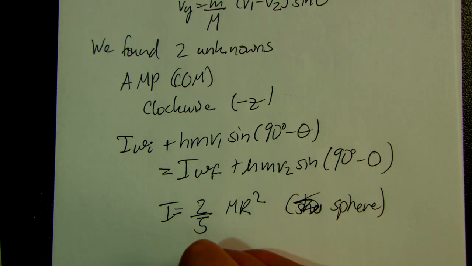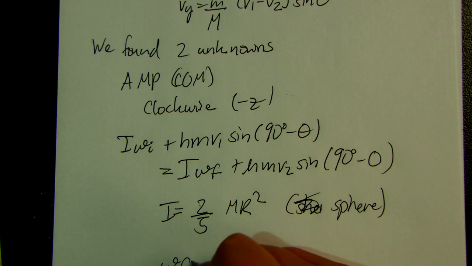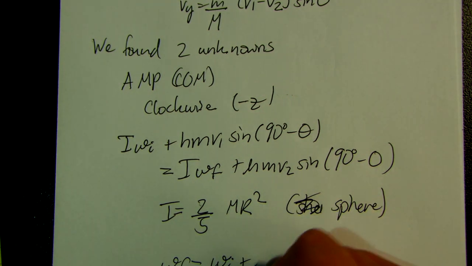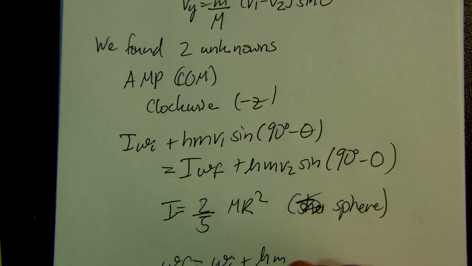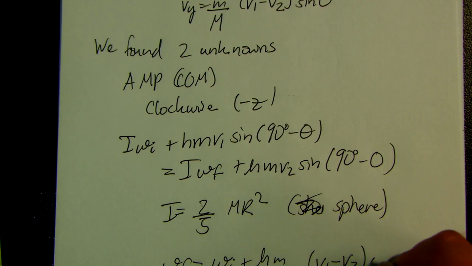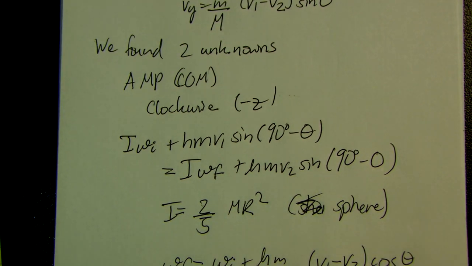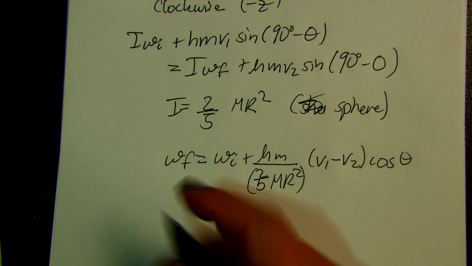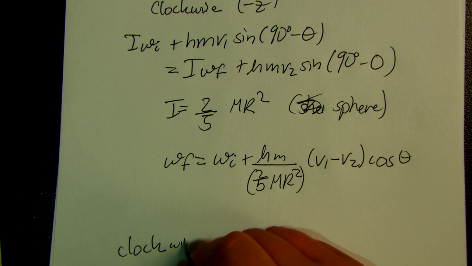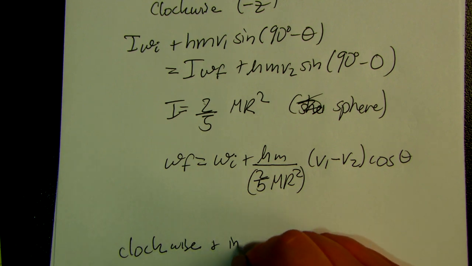And so omega final is equal to omega initial plus h m over two-fifths M r squared times v1 minus v2 cosine theta. Clockwise and into the page.